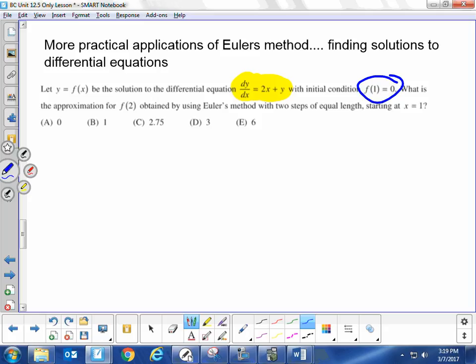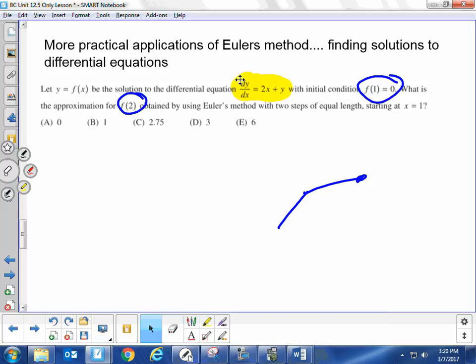What I will do is try to find my solution at x equals 2 using this method, which will take me from a straight line to another straight line to approximate a solution. So let's use Euler's method with 2 steps of equal length to approximate f of 2, knowing dy/dx and the point (1, 0).